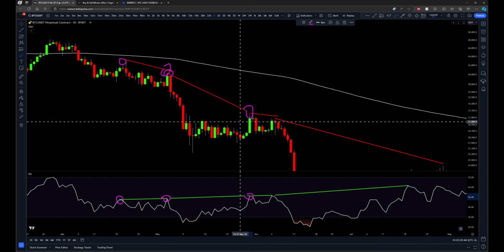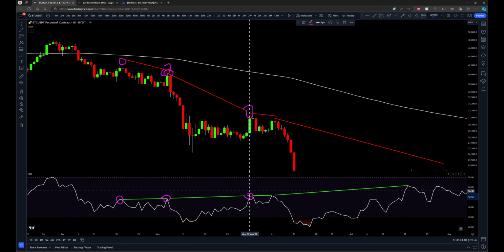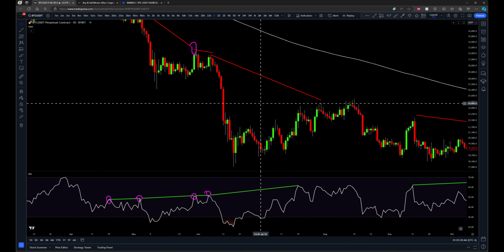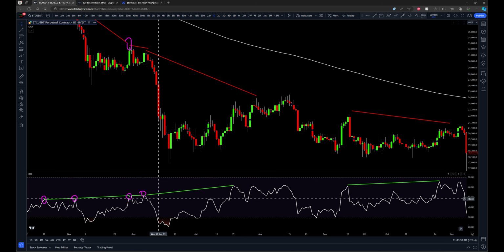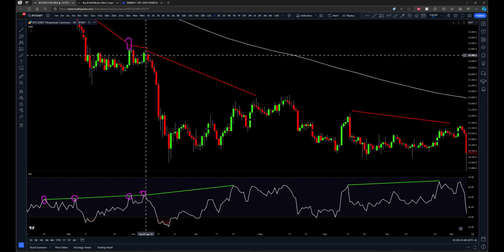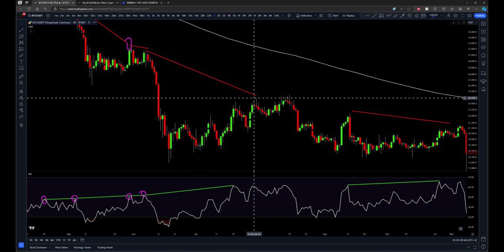That combination is key. So here's another one, lower high on price, same time RSI is coming up higher, and then we can go out. Same thing here, RSI comes up much higher while price is making a lower high compared to back here. And you can look for that regular bearish divergence.